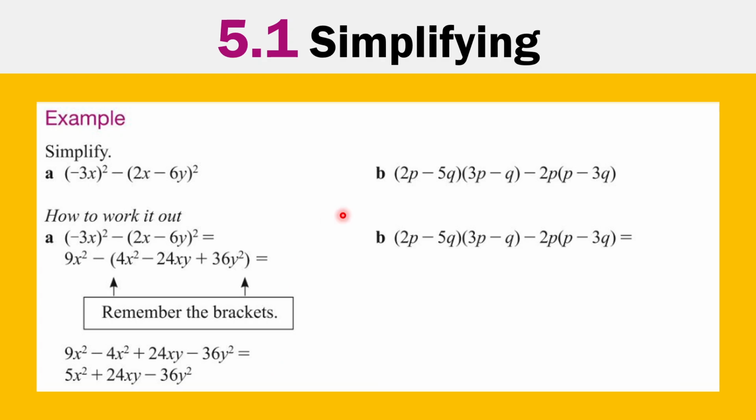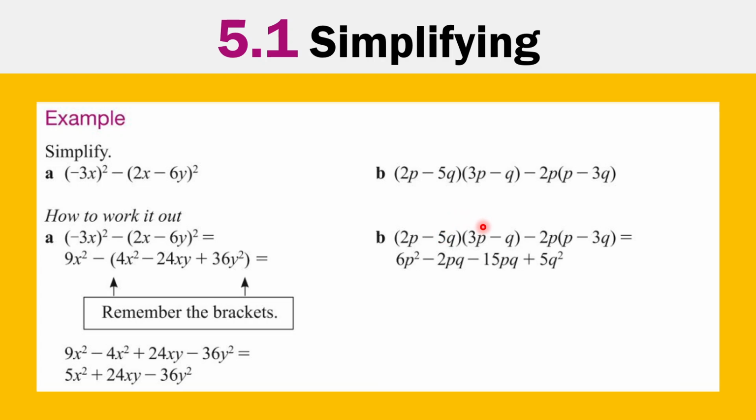Okay? The next one, and you have to be careful here, this is not a remarkable product, right? Because for a remarkable product, this thing and this thing has to be the same. So here I have to use the Parrots-Big method, and here I have to use the form a times (b plus c). 2p times 3p is 6p squared. 2p times minus q is minus 2pq.